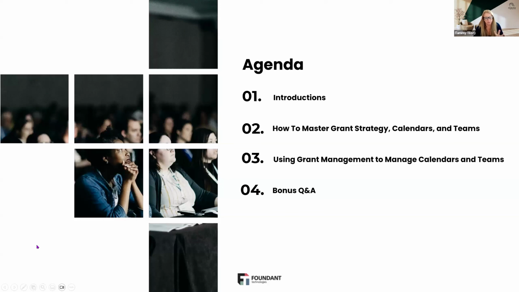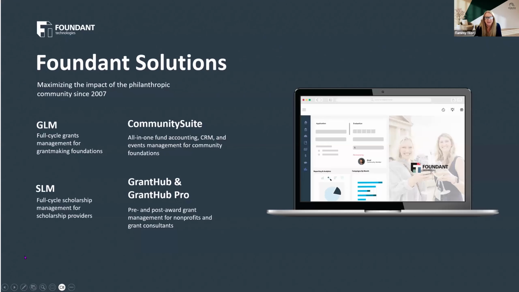After her section, which will run till about the top of the hour, I will then jump back in, give a few announcements, and talk about using grant management tools and solutions, how that can help you also manage your calendars and your teams and support your strategy, while Diane takes a look at the questions, and then we'll do a bonus Q&A. So this will be a little 5 to 10 minute break there, and we'll have that extended Q&A section to go the full 90 minutes.